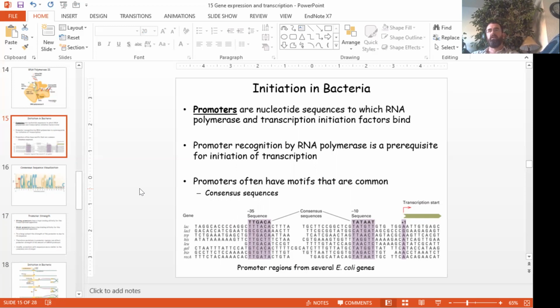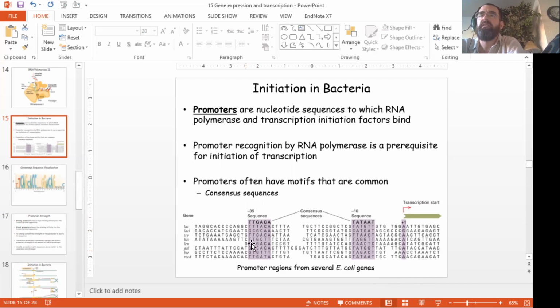And so what you can see here is kind of consensus sequences in bacteria, right? These are sequences which are conserved between different genes and different species, right? And so these are the TATA box and the TTGACA box. Not sure how you pronounce it.